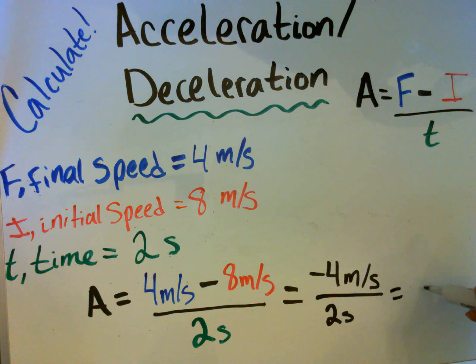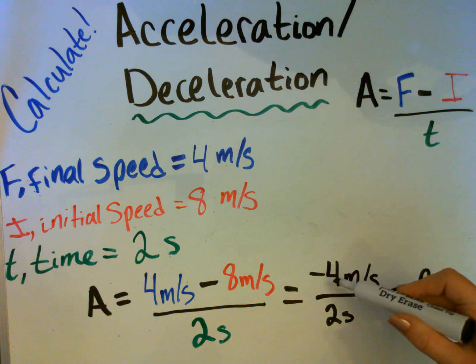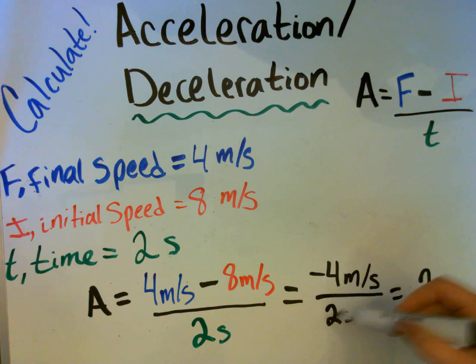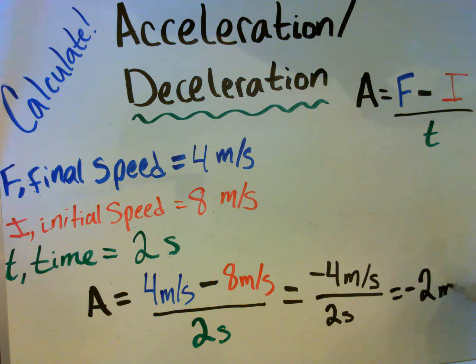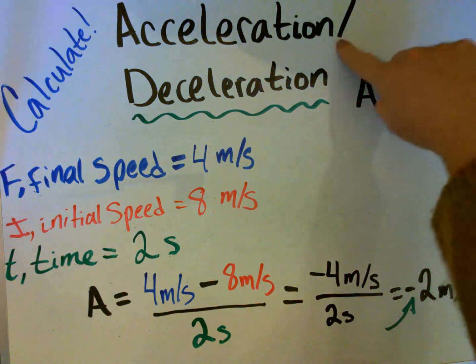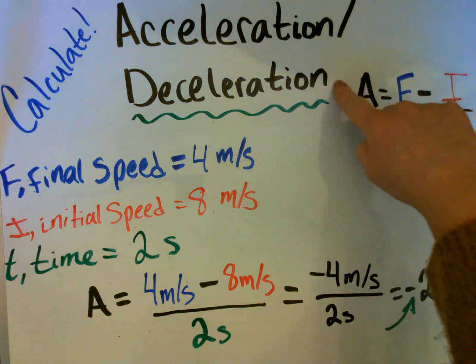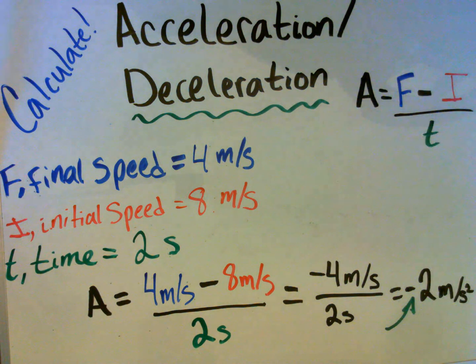Well, we know 4 divided by 2 is 2, but that negative is going to stay because it's a negative divided by a positive. So we have negative 2 meters per second squared. This negative number is going to be super important when we're talking about whether or not something is accelerating or speeding up, or decelerating and slowing down.